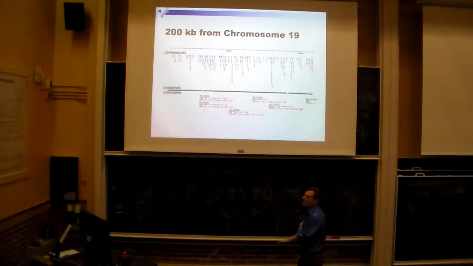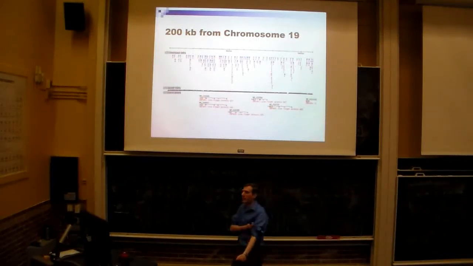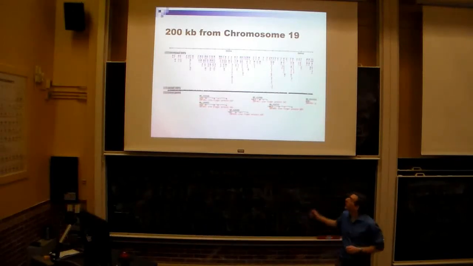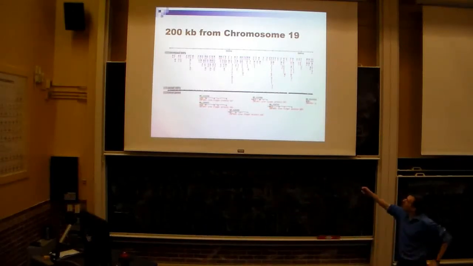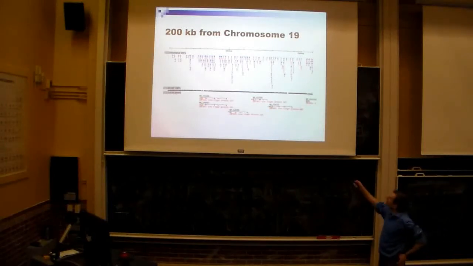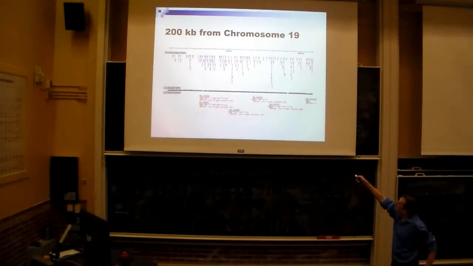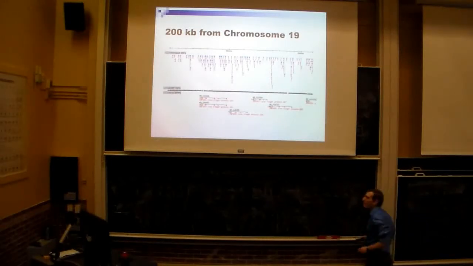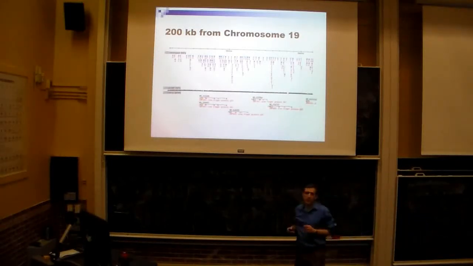So just to give an idea of what these kinds of things look like on the genomic scale, here is a picture of a piece of genetic sequence taken from chromosome 19. What this is showing here is 200 kilobases of sequence. That's the genomic axis at the top. What we see here in these A's, C's, G's, and T's in red and blue is showing genotype SNPs.